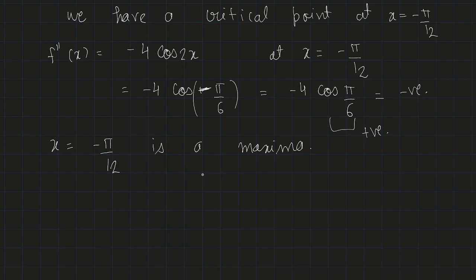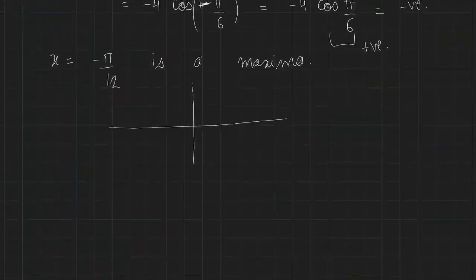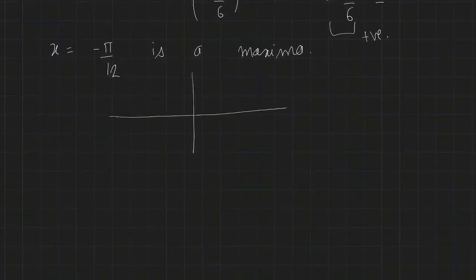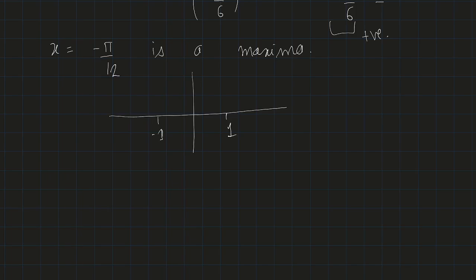Now, what can I do? If I try to plot it roughly, let's say this is my minus 1, this is my 1. Minus pi over 12 is here somewhere, and I have a local maxima. Now I just need to know about the rest.